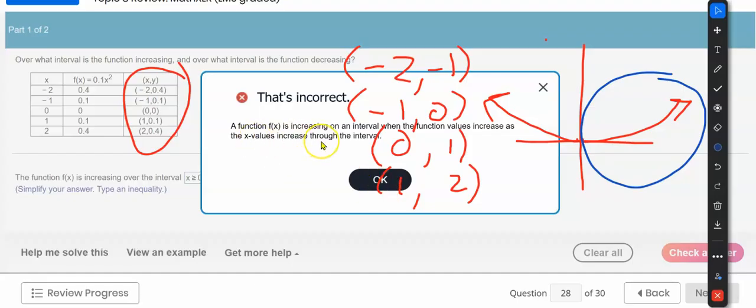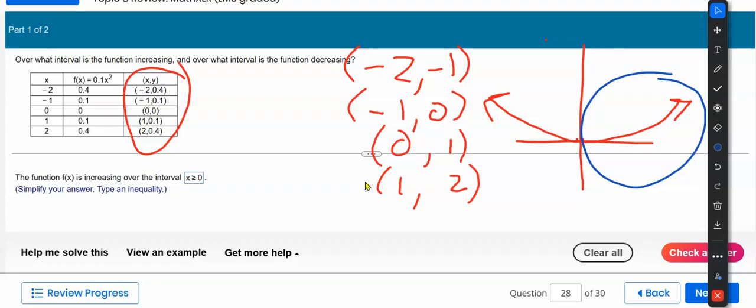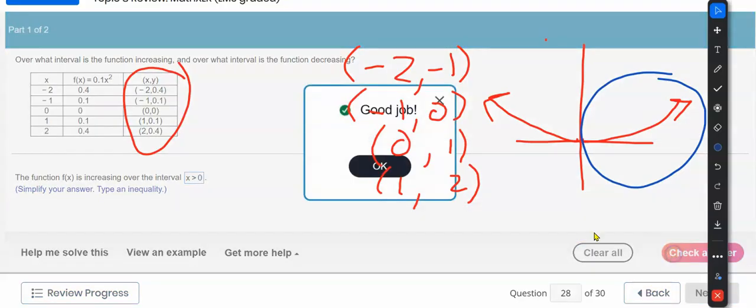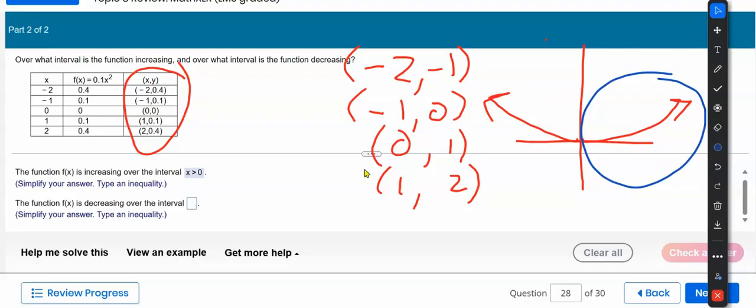Oh, I know my problem. It's not equal to 0, it's just greater than 0. Everything from 0 to the right.